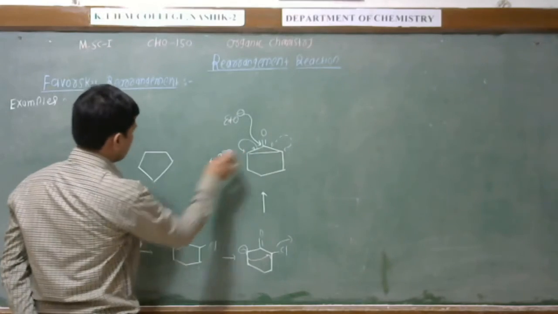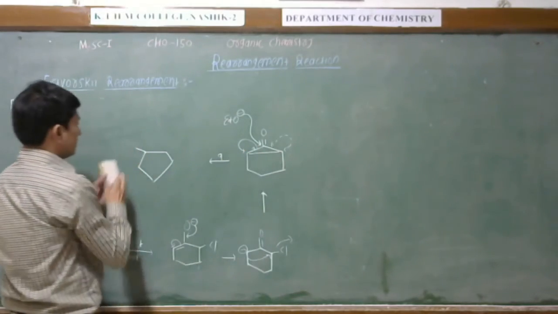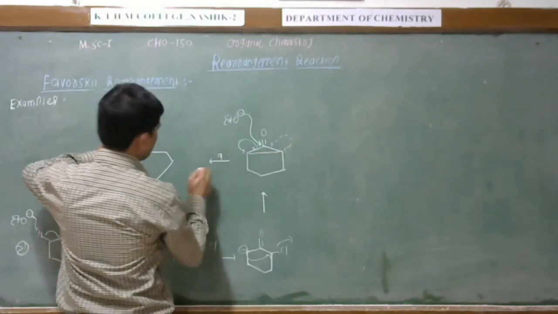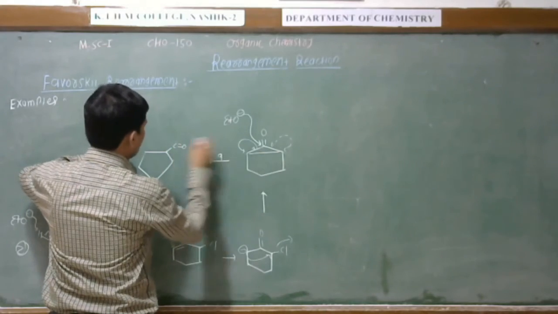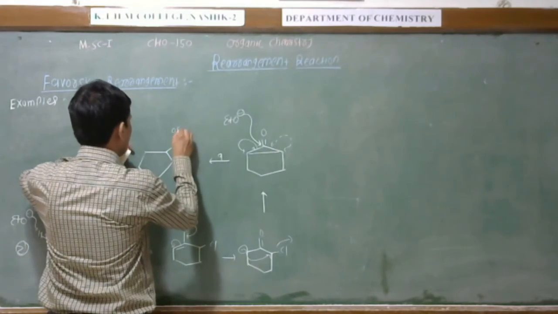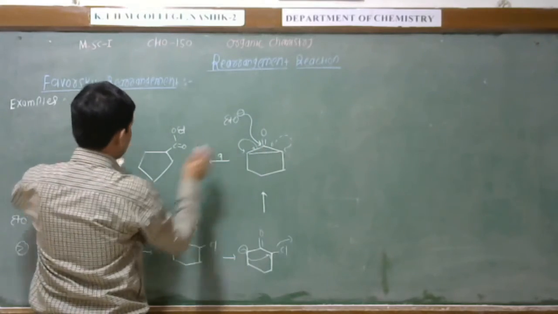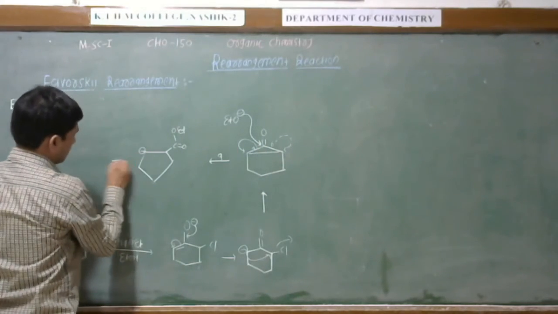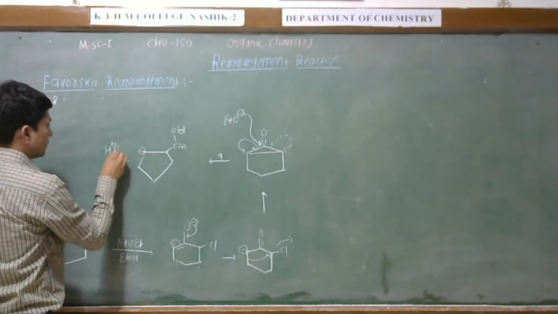Now on this position, if this A bond is broken, on this position there is C double bond O, and this is the OEt, and here is the negative charge, which will extract hydrogen from acidic hydrolysis.